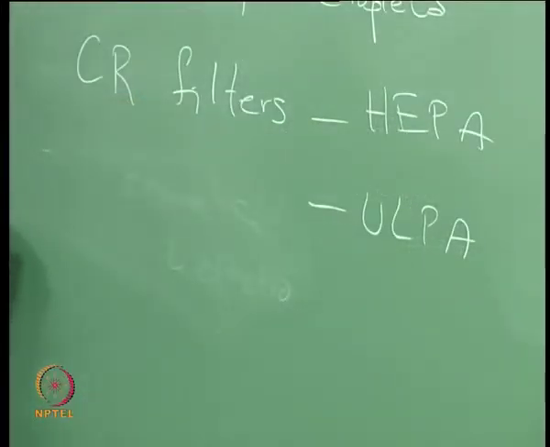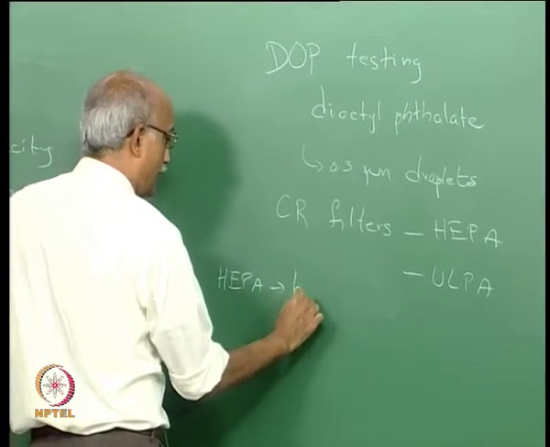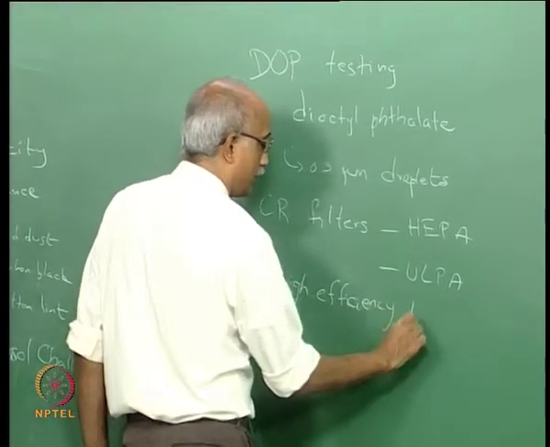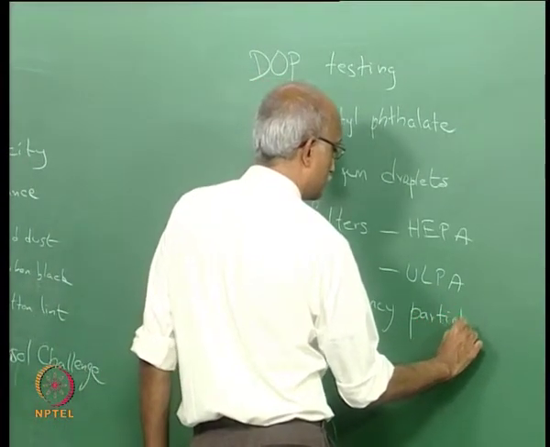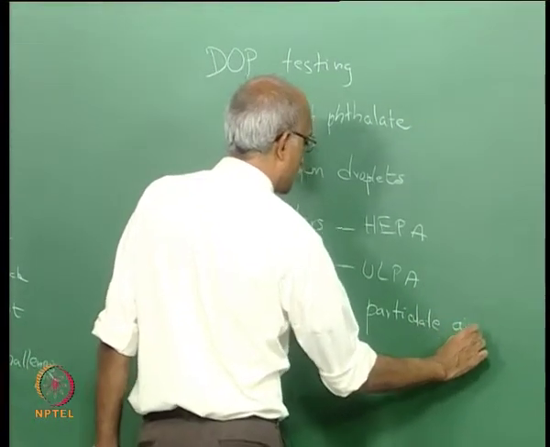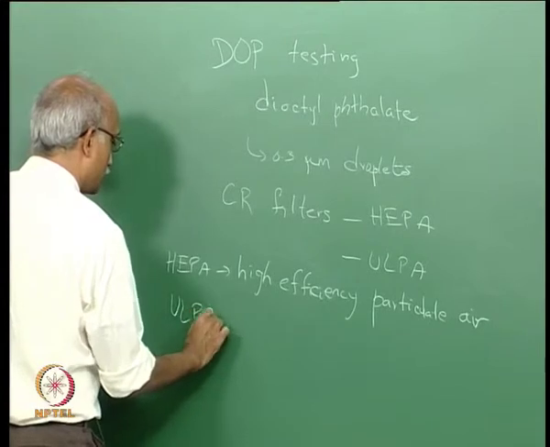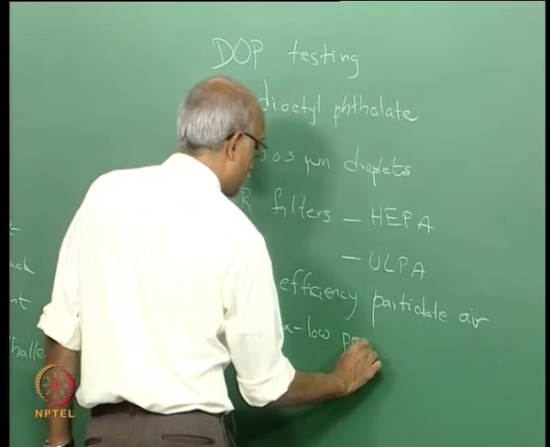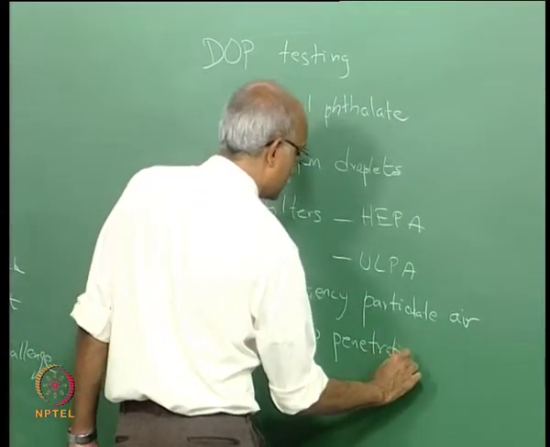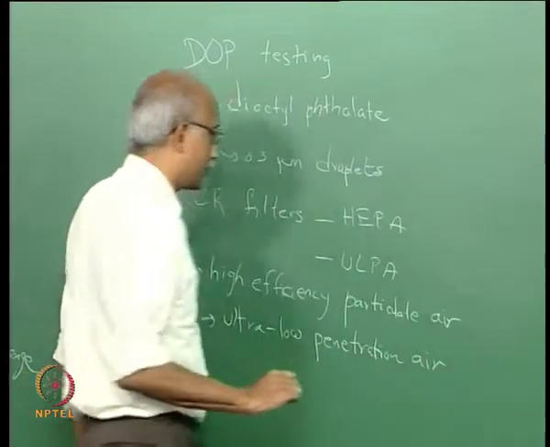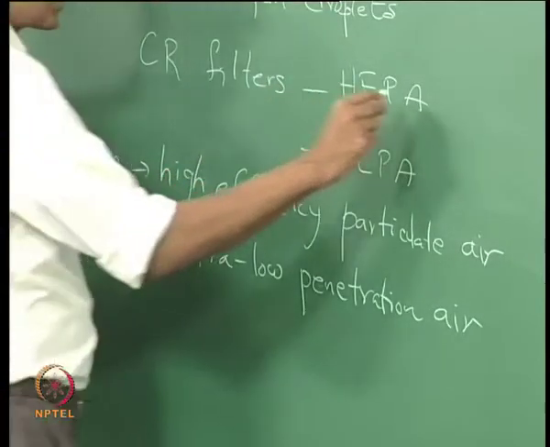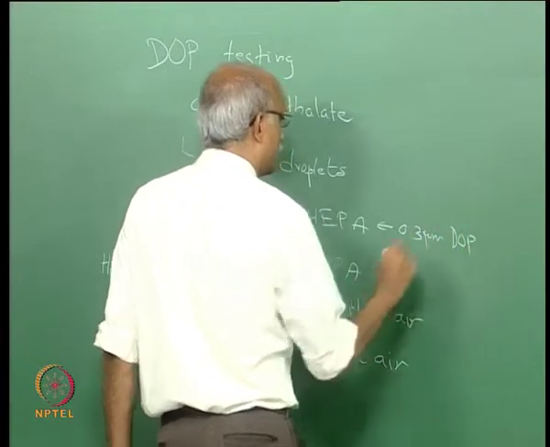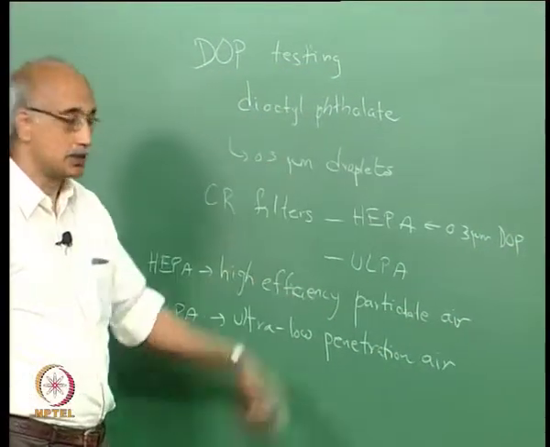HEPA stands for high efficiency particulate air filters, and ULPA stands for ultra low penetration air filters. So, the HEPA filters are challenged using 0.3 micron DOP droplets that have been generated using this technique.